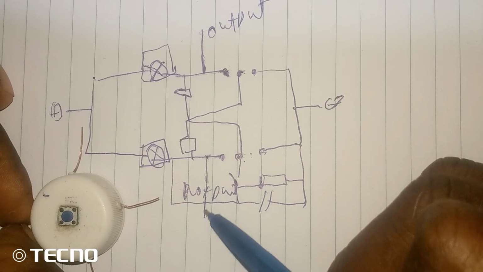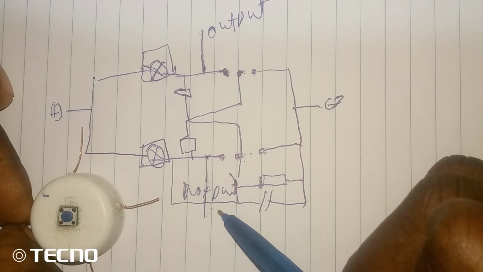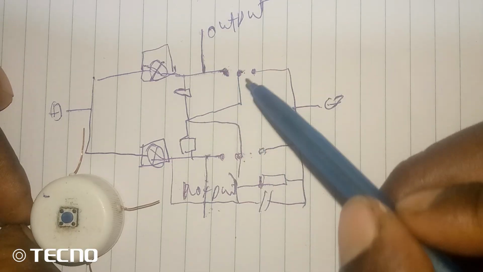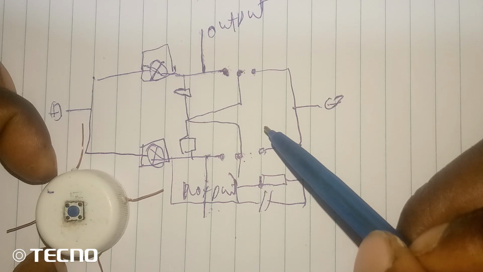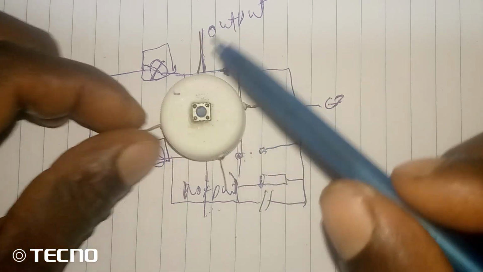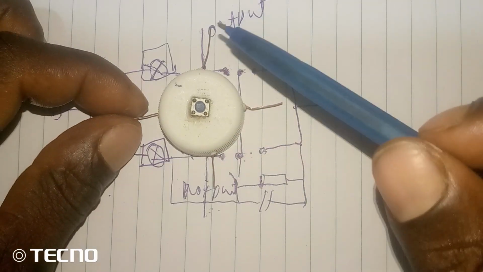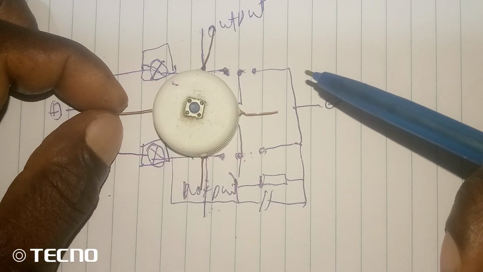So the voltage will appear here, so you will get an output voltage. So that is all that is different from the circuit I made in one of my videos. So if you have this one, it is actually a switch. The output is just different from that electronic switch which I made.